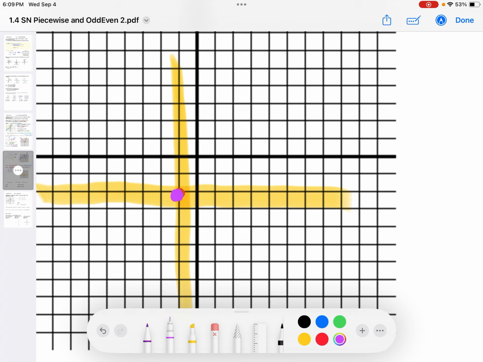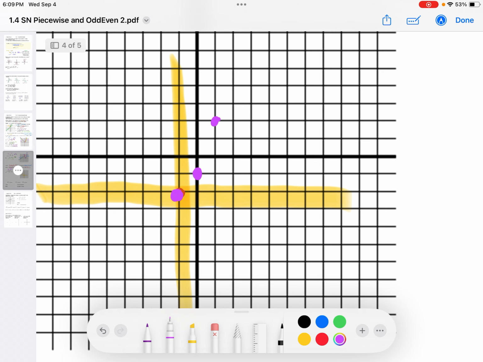Okay, 0, 0. It's a parabola, so we're squaring to get the y. Across 1, 1 squared is 1. Across 2, 2 squared is 4. So we go up 1, 2, 3, 4. 3 squared is 9.